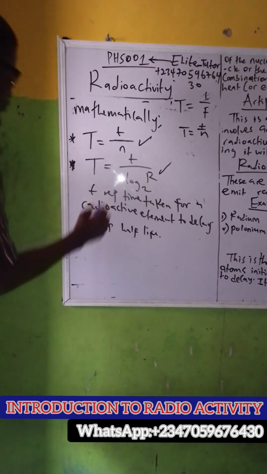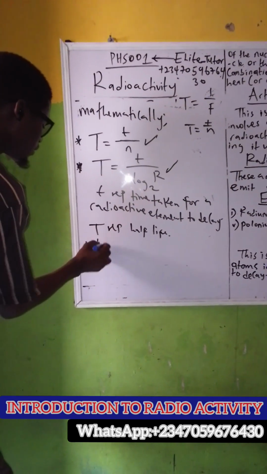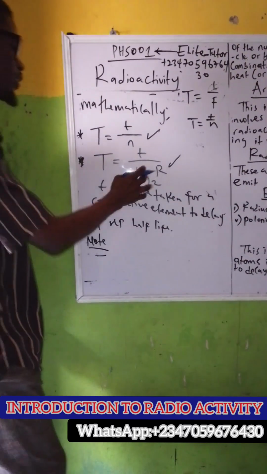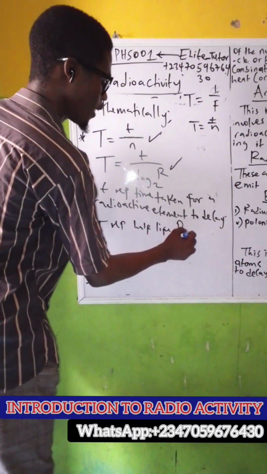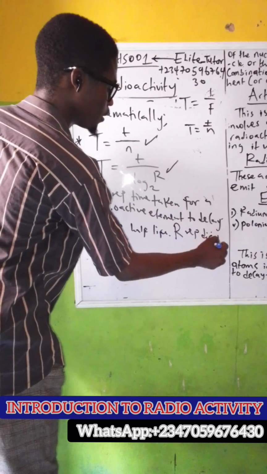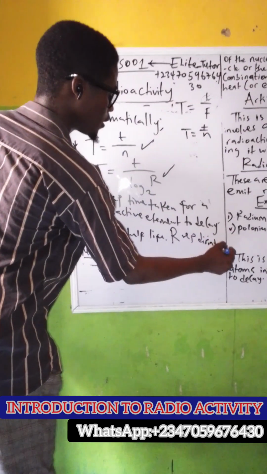And you have to note that this R here has a formula, but you know that this R here represents the disintegrating ratio.